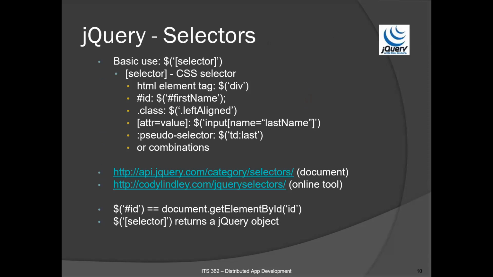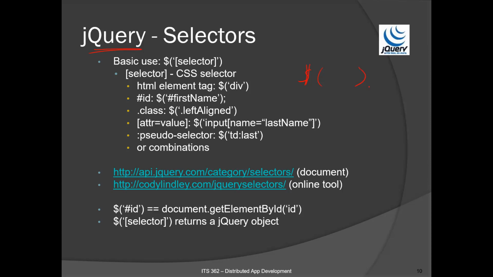So we'll talk about this idea of selectors. This is where the query, the search part of this, comes in. The basic use is that you'll see me say, we need to grab this control, or this tag, or that div, different elements in the website. We grab them through what you will hear me refer to as the jQuery function.